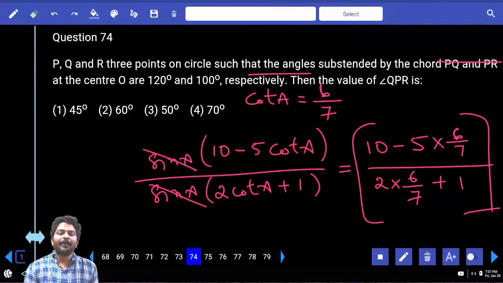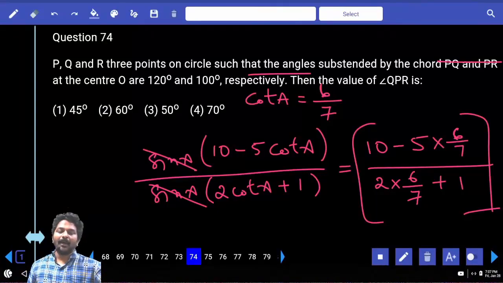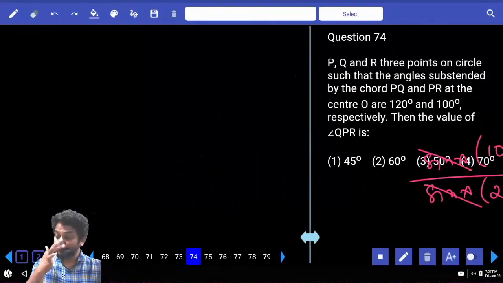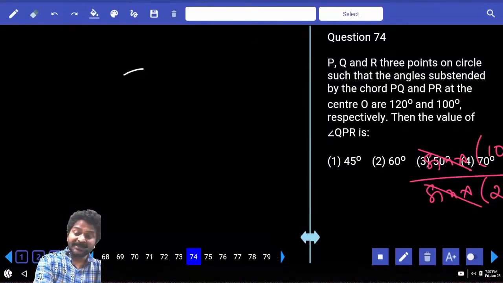P, Q, R are 3 points on a circle such that the angles subtended by the chords PQ, PR at the center O are 120 degrees, 100 degrees respectively. There is a circle, 3 points are there.